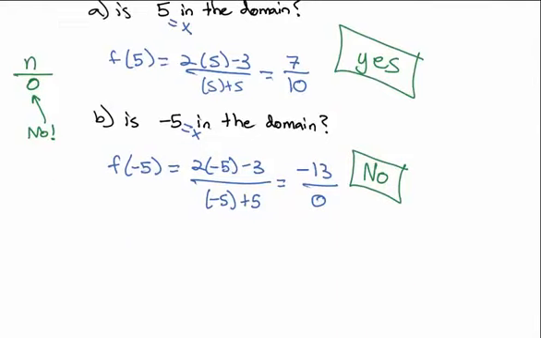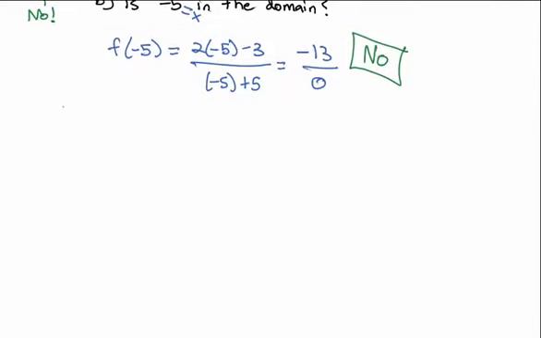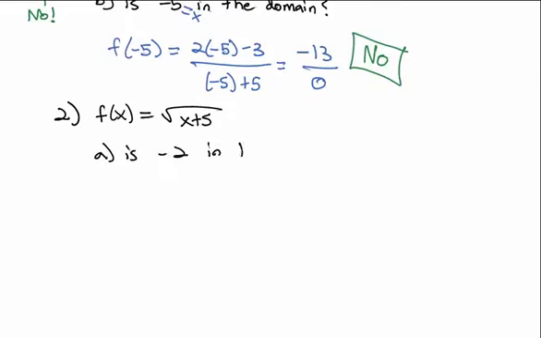Let's try another function. Let's take a look at the function f of x equals the square root of x plus 5, and we're going to look at the question, is negative 2 in the domain? Remember, we can't take the square root of negative numbers.